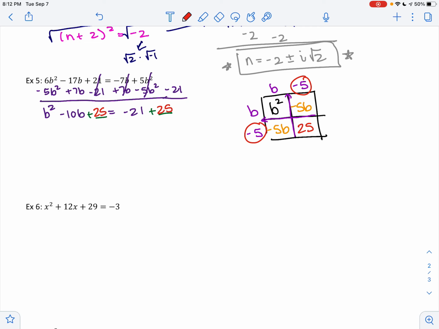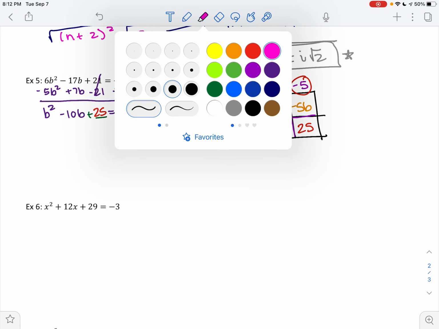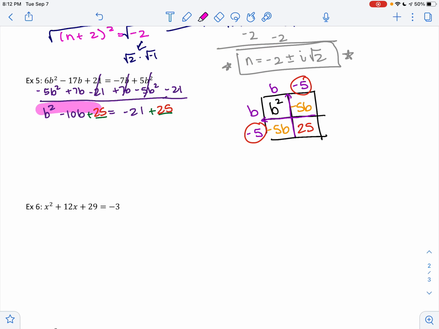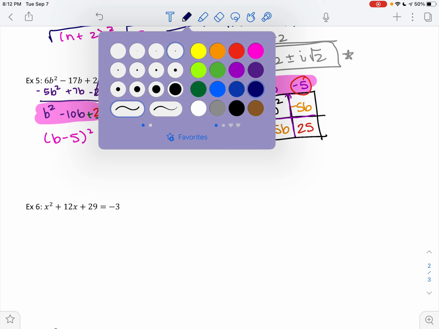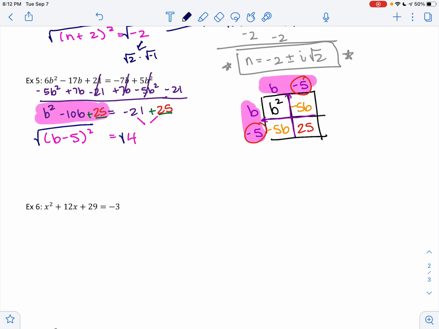So on the left side of my equation, I have b squared minus 10b plus 25, and we've just factored that into b minus 5 times b minus 5, which will give us b minus 5 squared. Negative 21 plus 25 is 4. To undo a square, I'm going to take the square root.